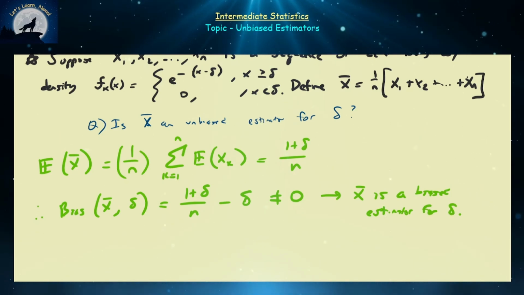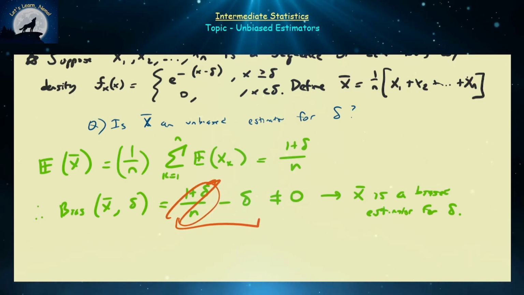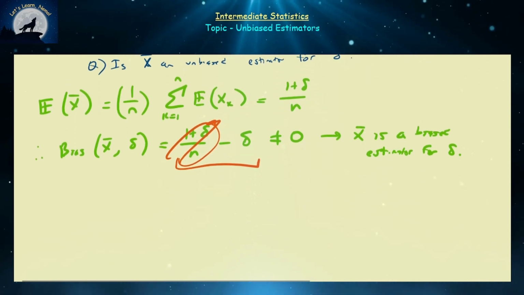And even if m goes to infinity, then this is going to vanish, and we're still not left with delta, unless delta is equal to 0. So even if m is super, super large, this still does not eliminate the bias of this estimator.